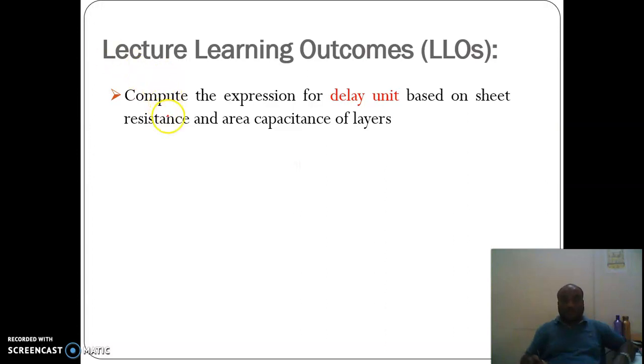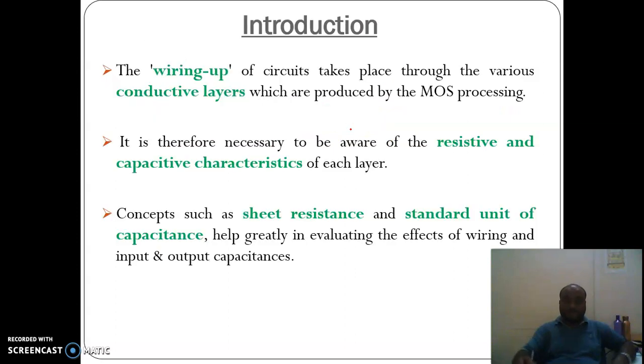After completion of this lecture, you will be able to compute the expression for delay unit based on sheet resistance and area capacitance of layers. As we have discussed in our previous class, the wiring up of the circuit takes place through various conductive layers during MOS processing.